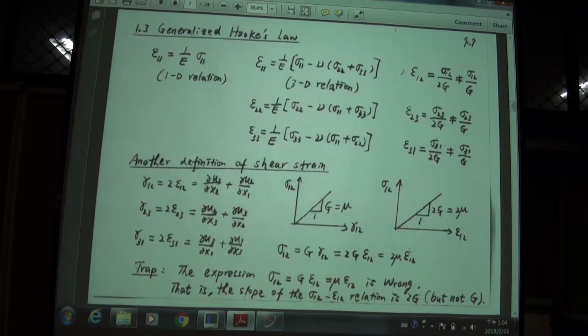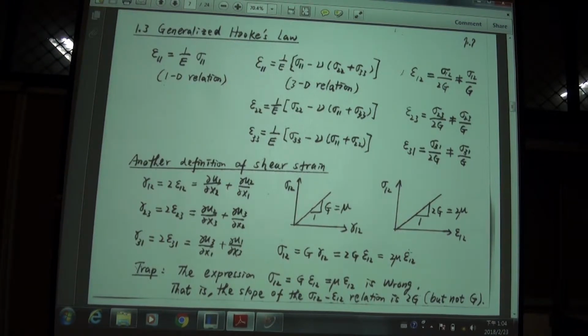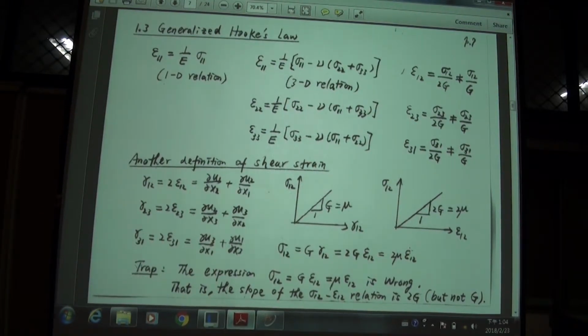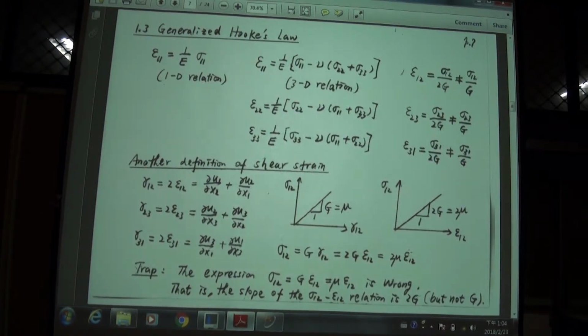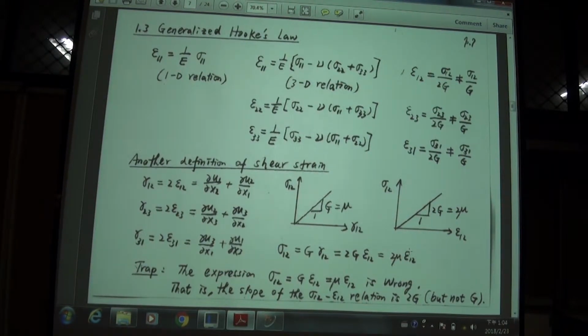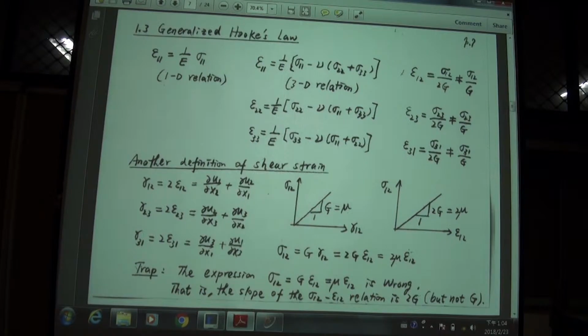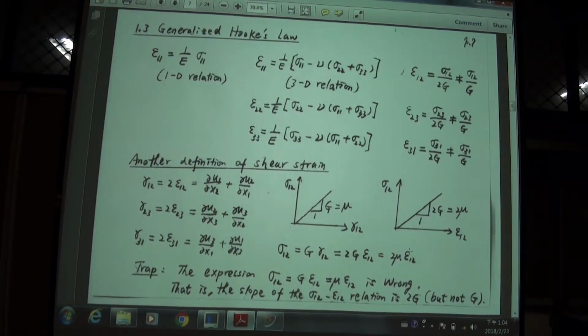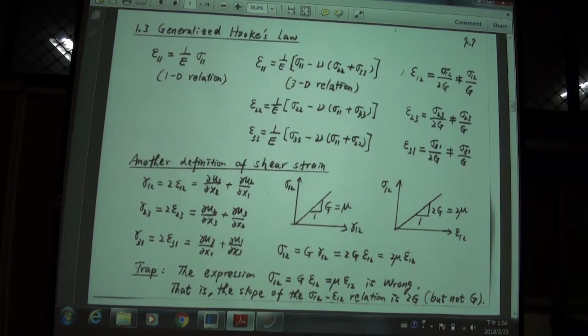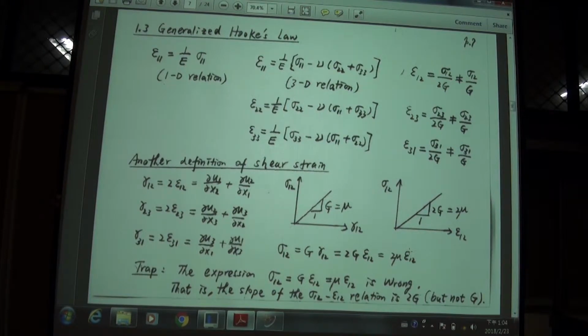Mu equals G. They are the same thing. So if you think that the slope of the stress-strain relation is the shear modulus, then you are wrong. Understand? It is 2 times the shear modulus. This is the tricky point you should pay attention to.